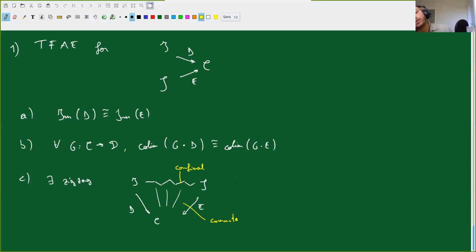So you see, C to A is pretty straightforward. That's just the usual theory of confinal functors. C to B is also pretty straightforward.